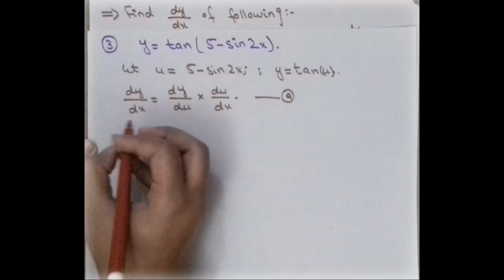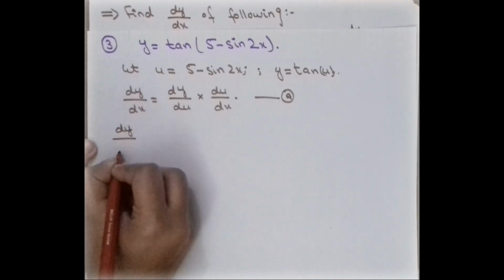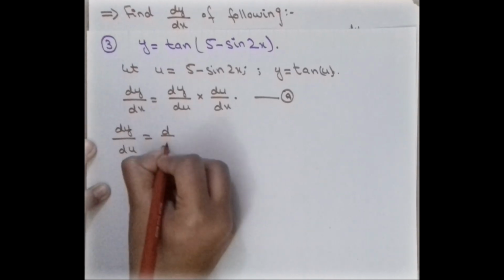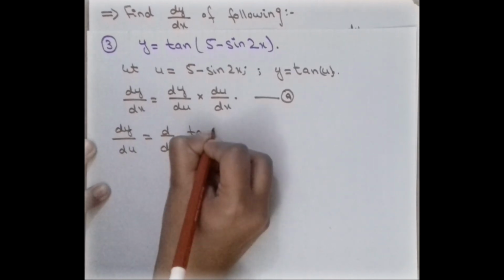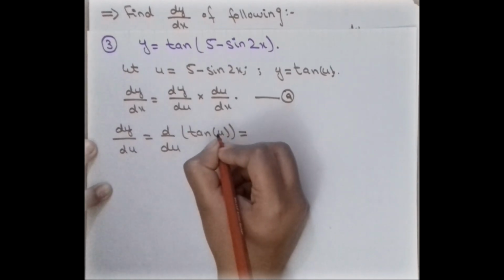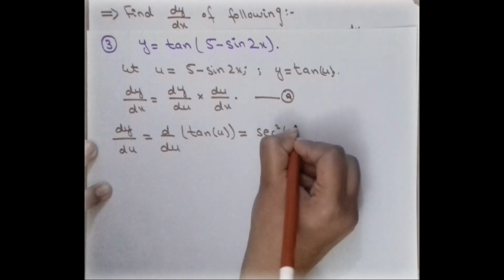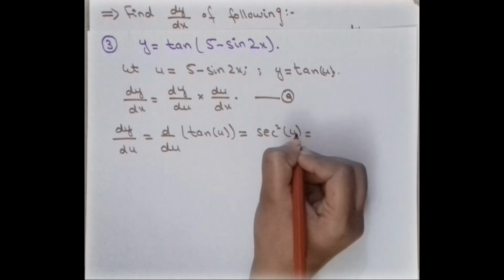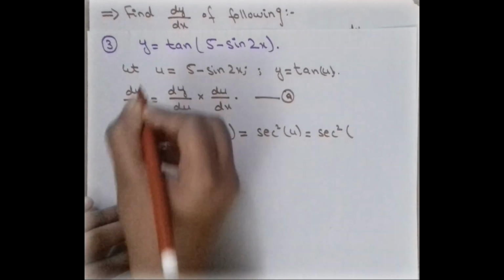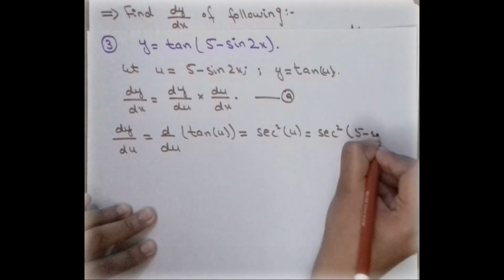Suppose this is equation A. First we take the derivative of this factor, so we take the derivative on both sides. The derivative of tan of u is secant square of u, and our supposed value of u must be put here. So secant square, and what's the value of u? Here is the complete value of u, 5 minus sine 2x.